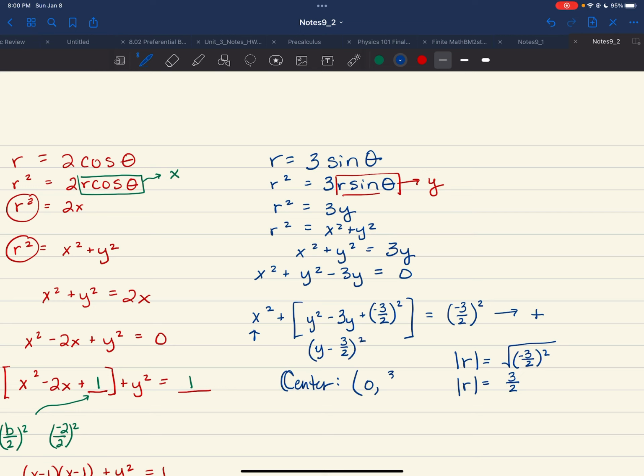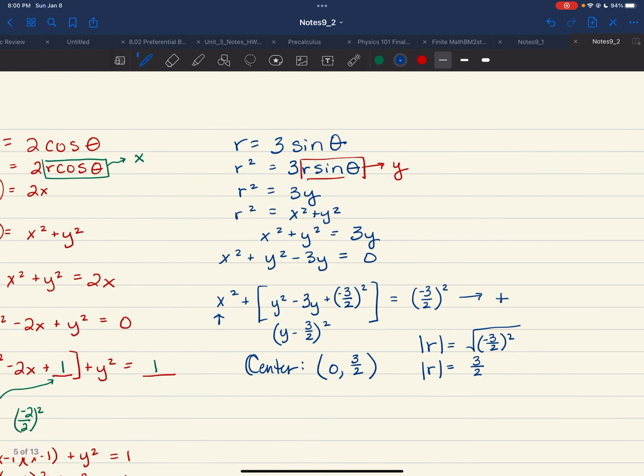So 3 halves is going to end up being where my center is, so 1.5 up on the y-axis. So let's go ahead and graph this. That means my diameter equals 3, because 3 halves is 1.5.